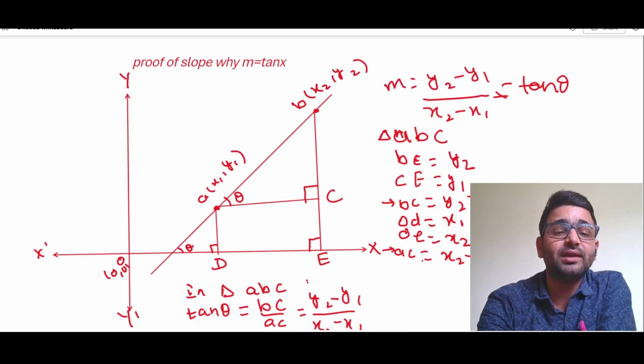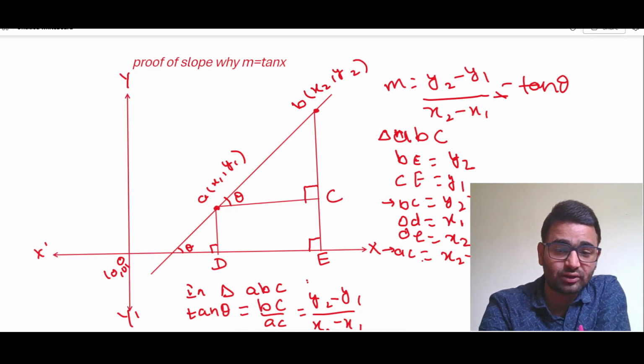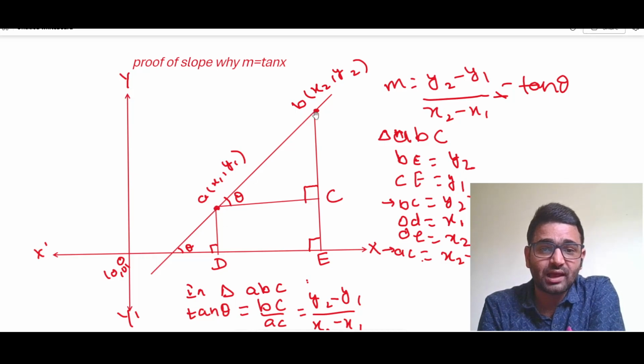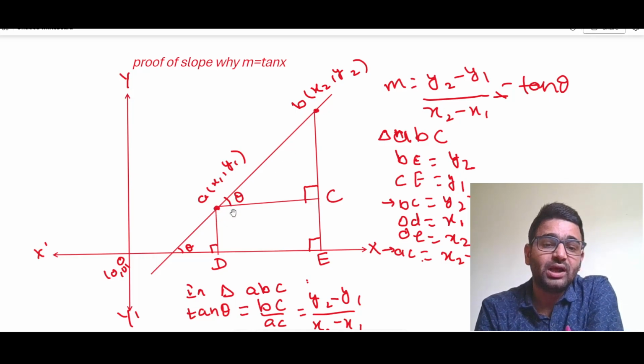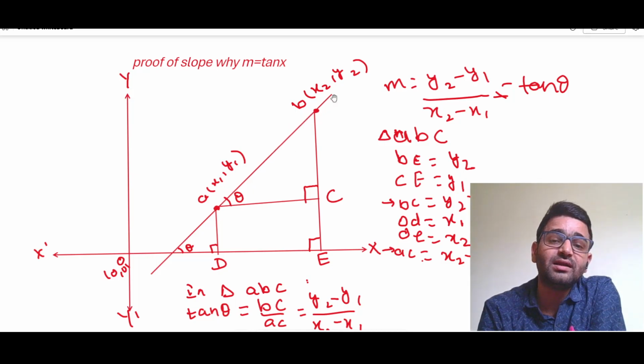Let me explain again. What we have to do is take 2 points A and B, just like I have taken 2 points A and B. This is our A and this is our B. Now we have to find the slope of this line. AB is just a segment, but a line will be extended infinitely, on this side and on this side.